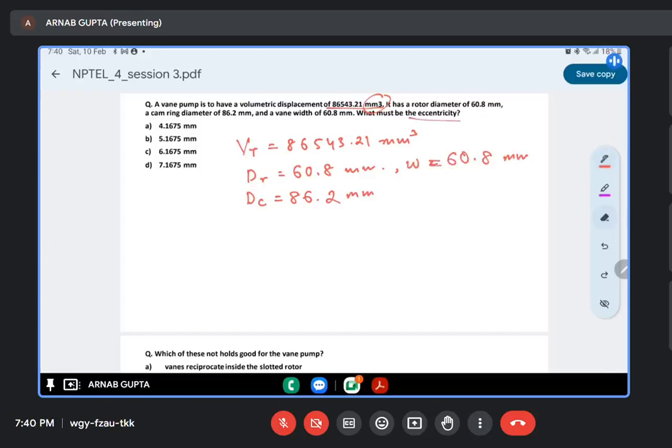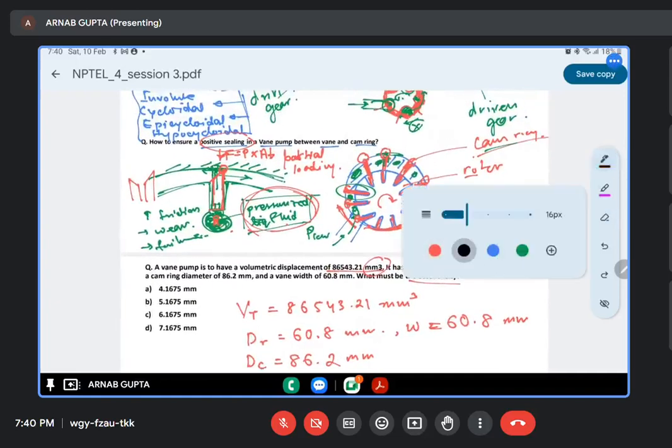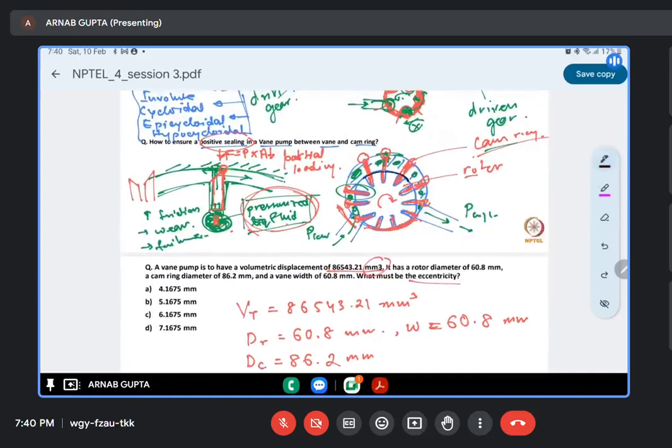So as we know, this particular rotor and this particular cam are not coaxial. There is some eccentricity between these two components, and depending on this value of E, the volumetric displacement will change.